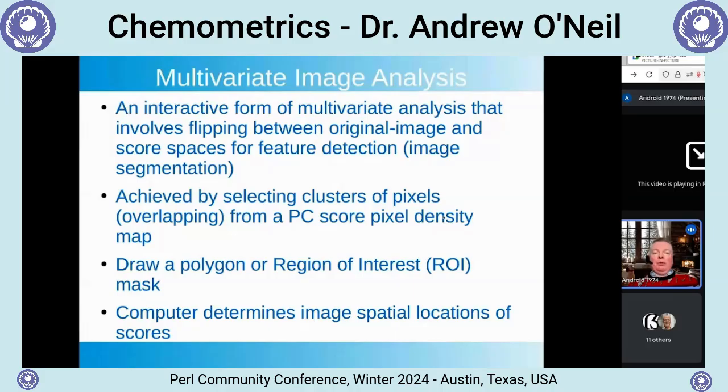So the scores are scaled to have values between 1 and 256, and the map then allows scores to overlap, and we can produce bins of the number of scores that overlap in a particular combination of principal component scores, and use color maps to show pixel density, which could be useful for drawing a polygon around a region of spectral scores, and then flipping back into selecting those scores, identifying where they're based in the original image scene, and producing a false color image to identify the spatial locations.